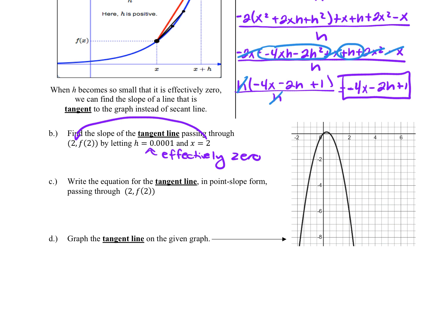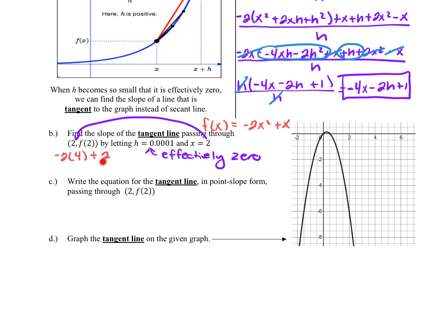Now, to find the slope of our tangent line, first of all, let's figure out what the point 2, f of 2 is on our graph. Our original function was f of x equals negative 2x squared plus x. If we substitute 2 into this function, we have negative 2 times 4 plus 2.